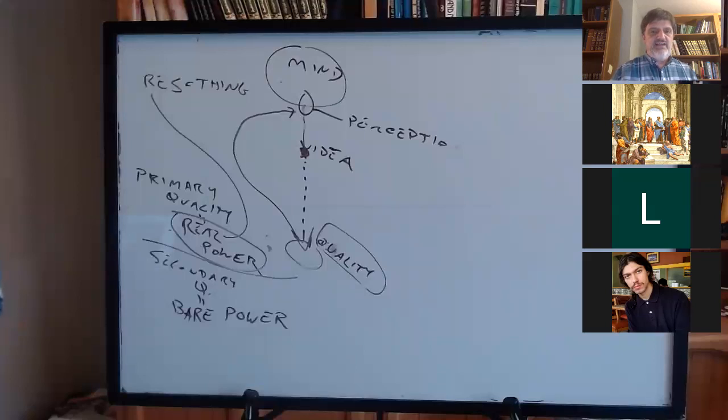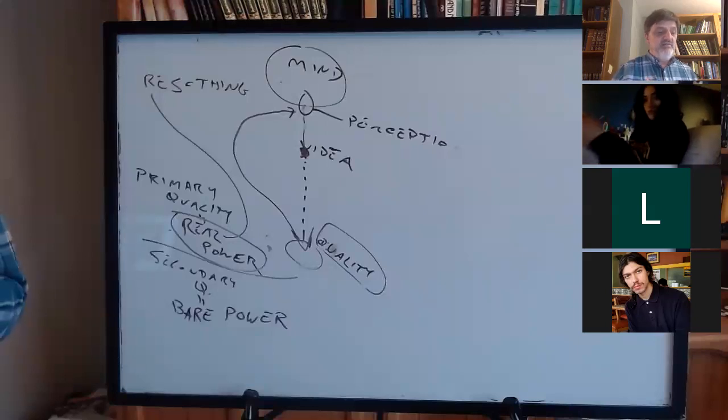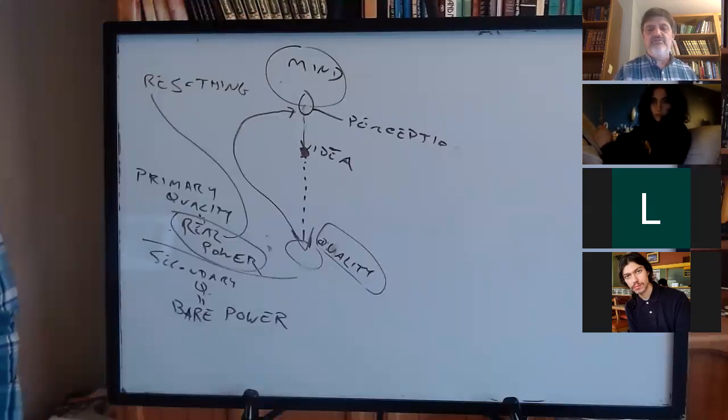So that's the second way that Locke has of explaining why the primary qualities are really in the body and the secondary qualities are not. There is a quality in the body, but it's not the quality we think it is. It doesn't resemble our idea. Whereas in the case of primary qualities, the quality that's in the body resembles the idea that we immediately perceive.